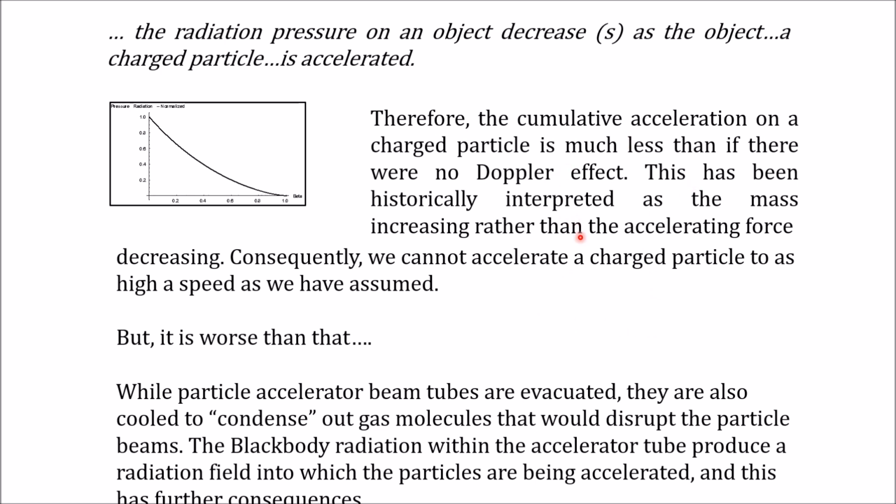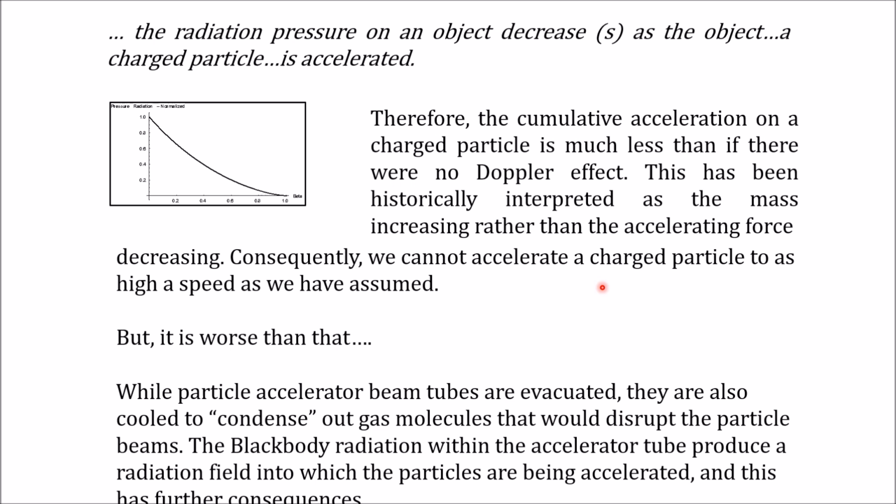That's black body radiation. But it's also true that within those evacuated tubes, that tube has the same temperature as the outside. If it's water cooled, then that's its temperature. And therefore, the inside of that tube is bathed in a flux of radiation defined by the temperature.